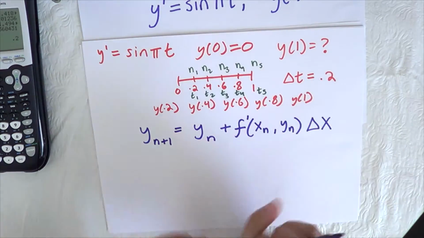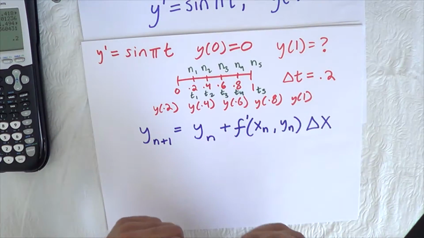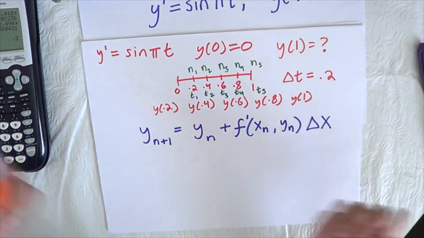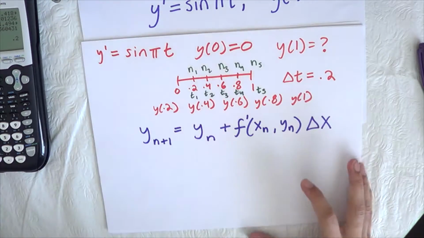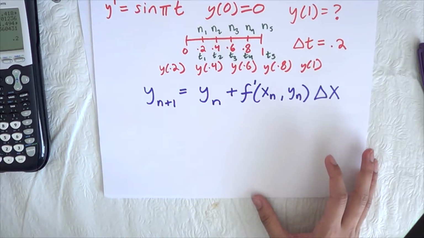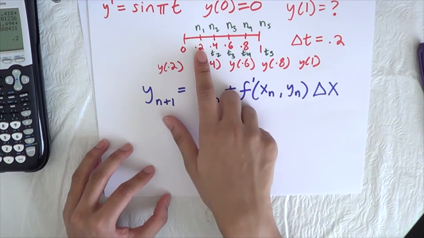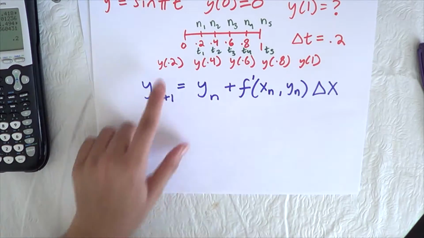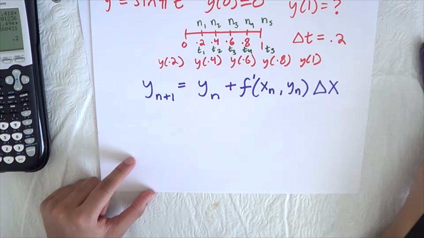This is just the general form, so instead of delta x, in our case we'll be using t's, so it'll be delta t. So let's begin. What is the first approximation we need to do? We need to do the first one, n sub 1 and t sub 1, that would be 0.2. So we'll be starting with y of 0.2.